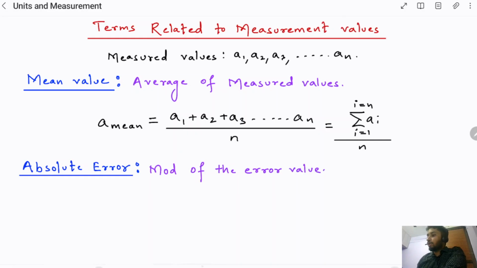Mod means absolute value. Like if you have plus 5, its mod value is 5, and if you have minus 5, then its mod value is also 5 only. So here we focus on the absolute value of the quantity. We ignore the positive or negative sign here.